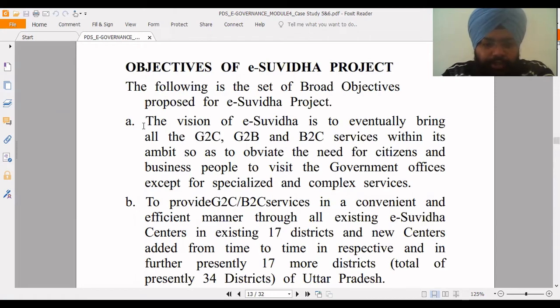Number one objective is that the vision of e-Suvidha is to eventually bring all the G2C, G2B, and B2C services within its ambit so as to obviate the need for citizens and business people to visit the government offices except for specialized and complex services.